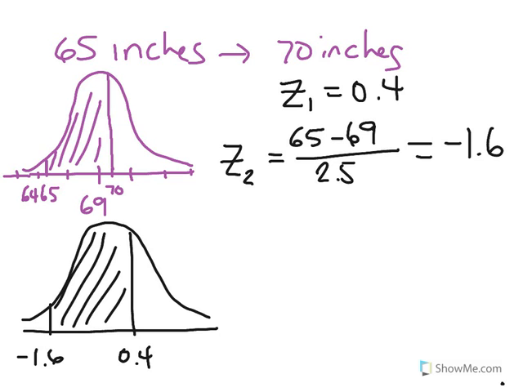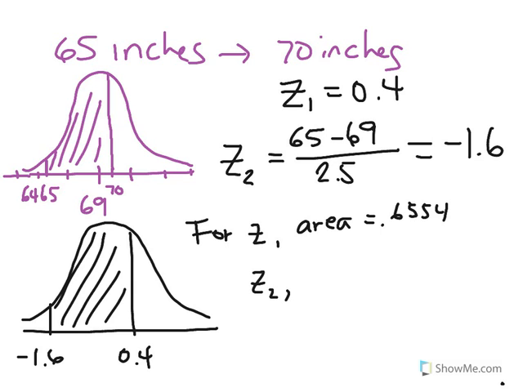Well, last time we looked up a value in the table, you might remember that we did it by first of all finding the page that had the positive z-scores on it. And so for z1, the area that we found in the previous question was 0.6554. That would be the area if we went from 0.4 all the way to the left and did not stop at negative 1.6.